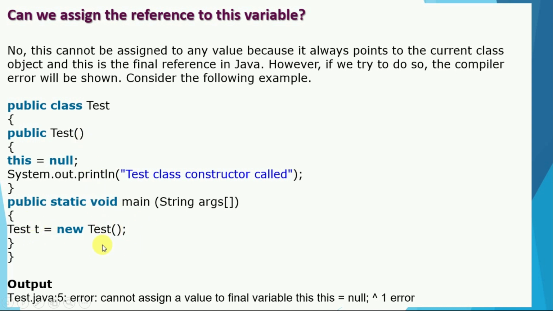As you can see, it will throw an error: cannot assign a value to a final variable, this equals null. As we already discussed, this cannot be assigned any value, because it will always point to the current class object, but here we assign a value to this variable. That's why it will throw a compiler error.